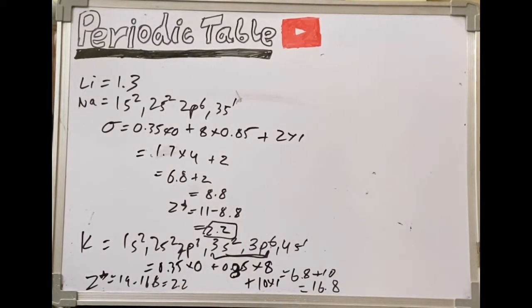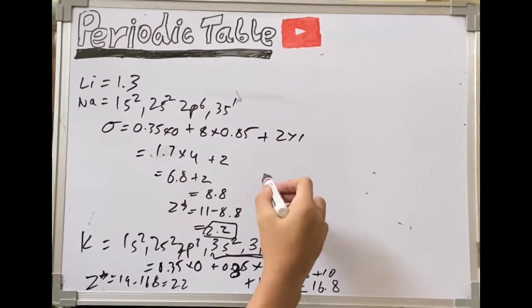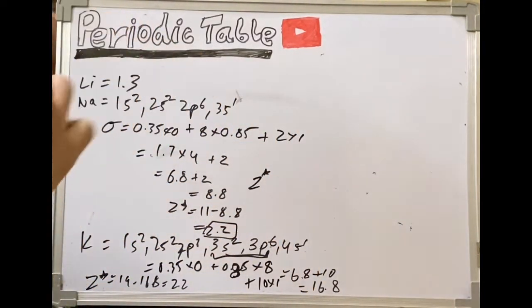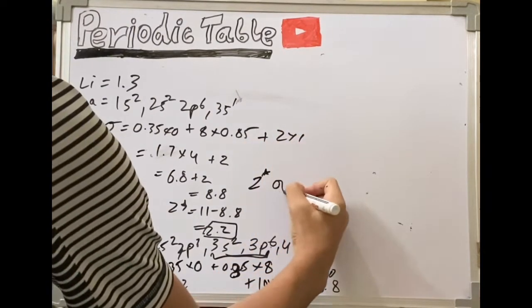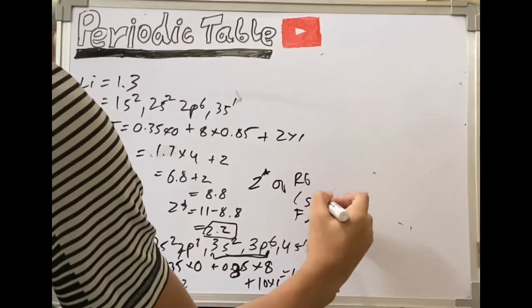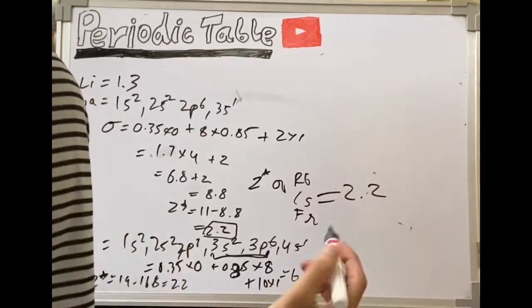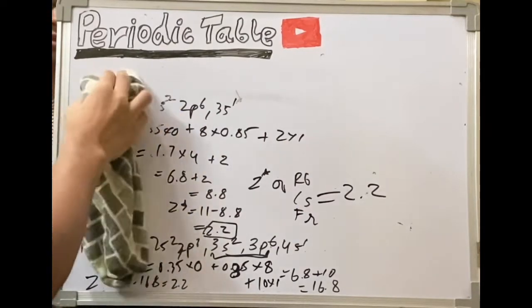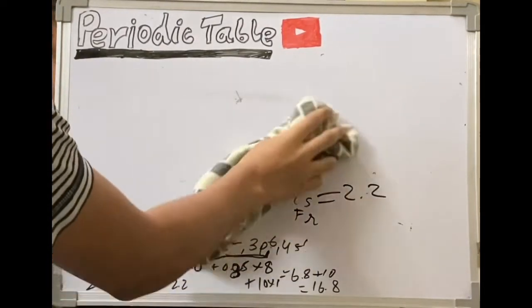And to our surprise, the Z effective of rubidium, cesium, and francium will also be the same. It is experimentally found the same. So Z effective for Rb, cesium, francium, all are 2.2. So we can say that the Z effective remains constant down a group.